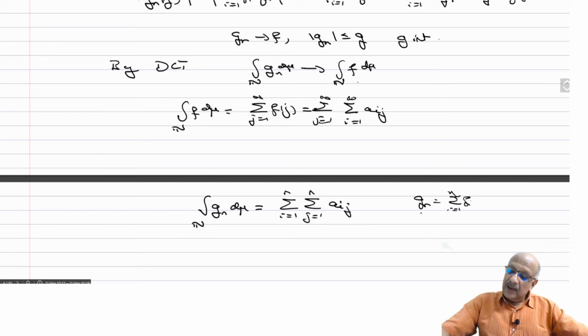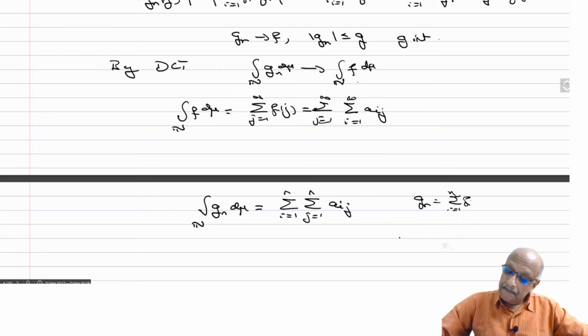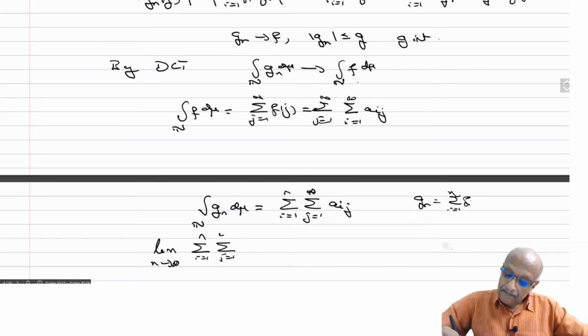So g_n of j, you have to sum over all j, and it's a finite sum, so you have this. Therefore the limit as n tends to infinity of the sum from i equals 1 to n of the sum from j equals 1 to infinity, sorry, of a_ij.